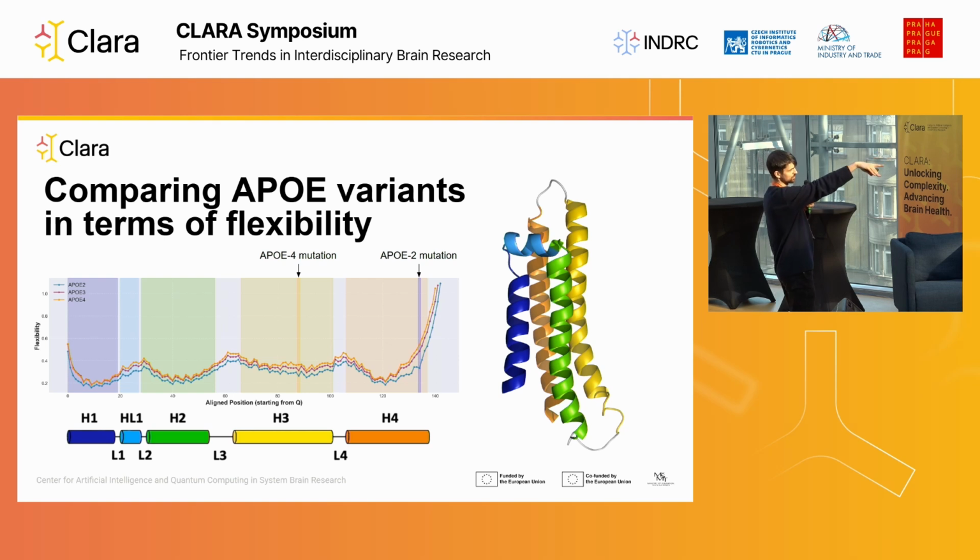The 4-helix bundle structure is shown there. Now the color is not coding flexibility, it's just a legend for the different parts of the protein. So we can see the dark blue helix, for example, would be this region in the plot.